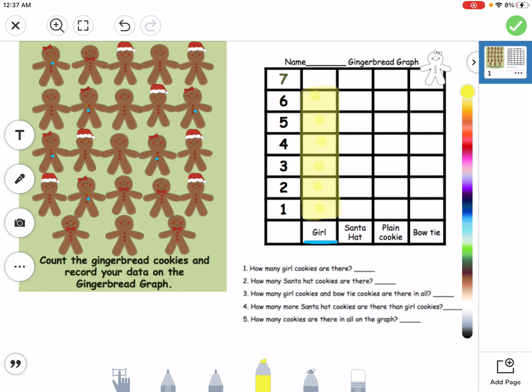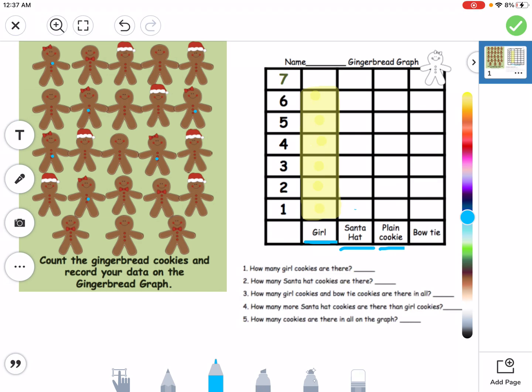Okay, then you're going to look for the gingerbread with the Santa hat. Okay, so you're going to count the ones with the Santa hat. And then you're going to color in how many there are with the Santa hat right here. Okay, then the plain cookies. These cookies don't have a bow tie, they don't have a Santa hat, and they don't have a bow in their hair.